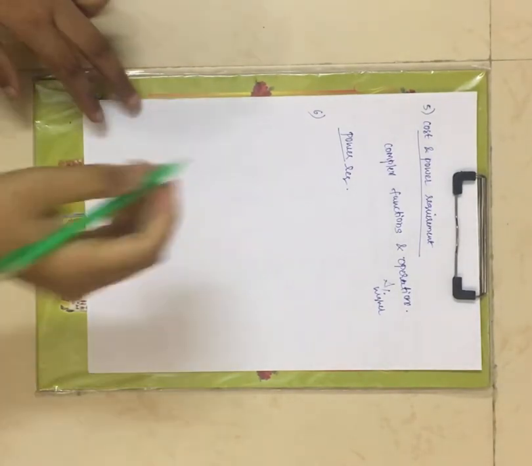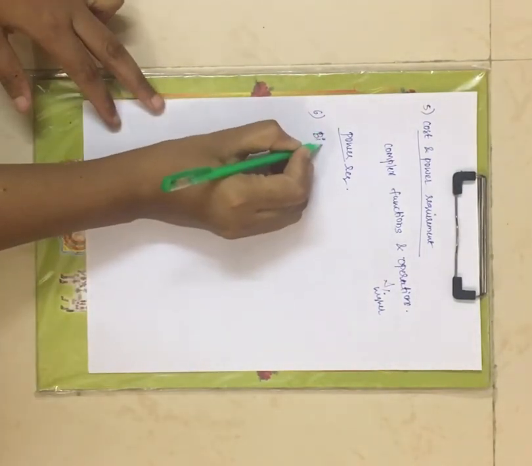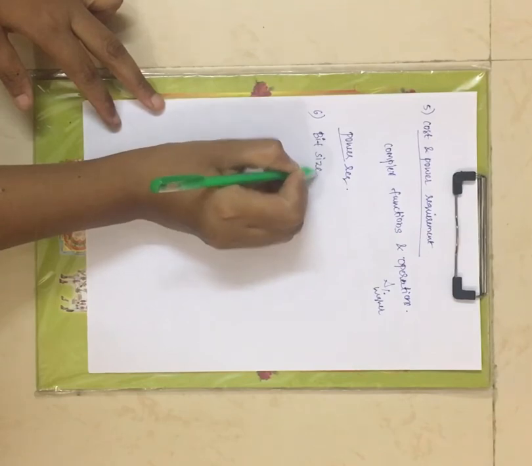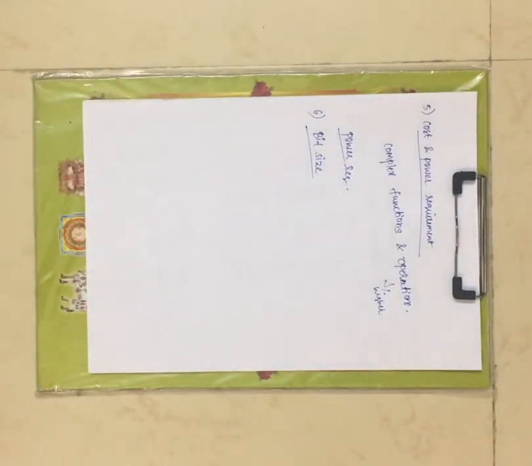Now coming to the sixth one, which is your bit size. As I have said, there are 8-bit microcontrollers, 16-bit microcontrollers, 32-bit microcontrollers, and also 64-bit microcontrollers. Here the bit size is very, very important in selecting a microcontroller for your application, right?